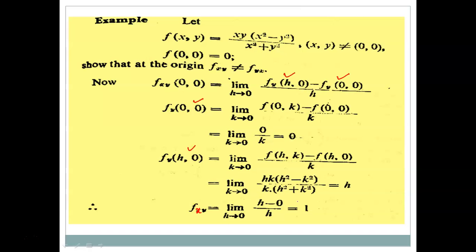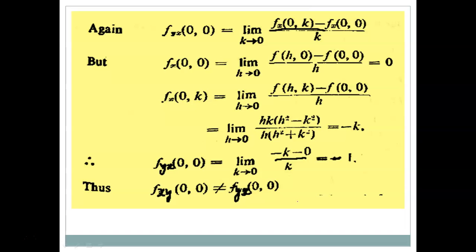This means the value of fxy at (0, 0) comes out to be 1. Next we find the value of fyx at (0, 0). We will see that it comes out to be minus 1. So they are not equal. In fact this is the same example which we have earlier discussed, in a more elaborate form.